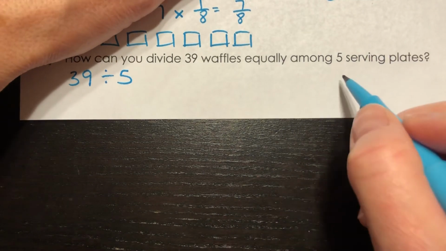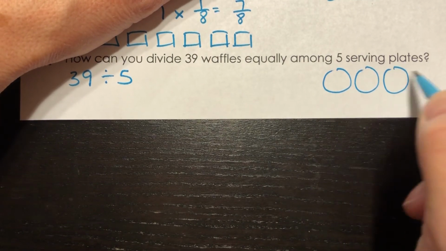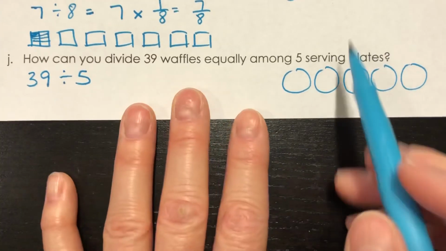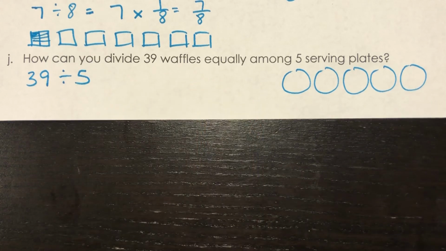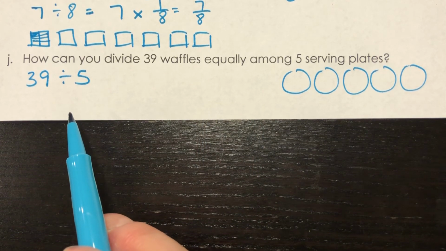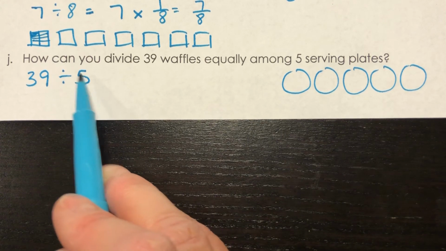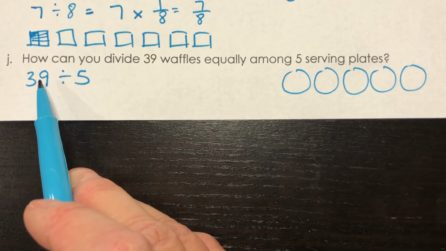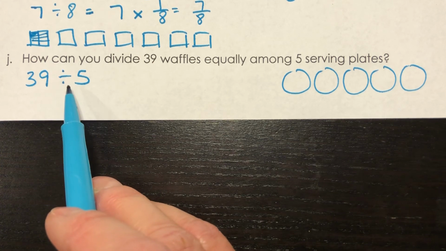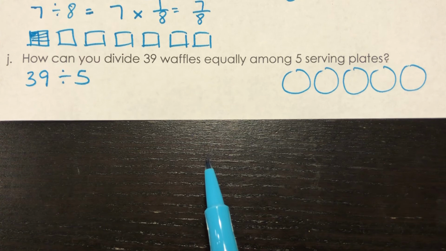We have 5 serving plates, 1, 2, 3, 4, 5. And I want to divide 39 waffles equally among those plates. I'm guessing you're saying this is not going to come out to a nice whole number because I can't multiply 5 by something to get 39. I know that 5 times 8 is 40, so that's close, but 8's not going to work, right?